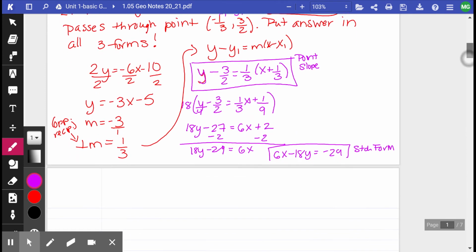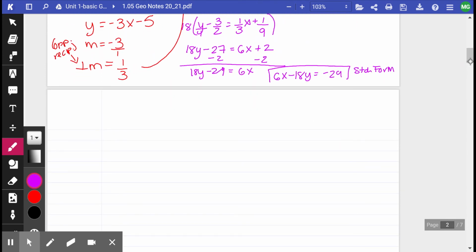And our last form will be your slope-intercept form. So I'll take it from here. And I'm going to keep my negative 18y over there, subtract my 6x, and then divide everything by negative 18.